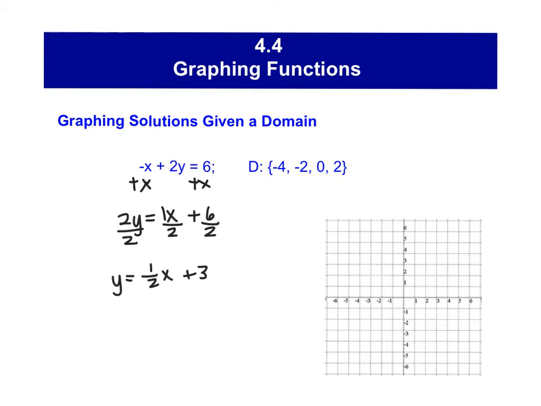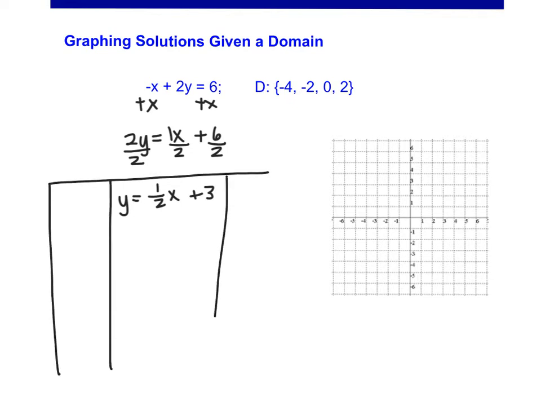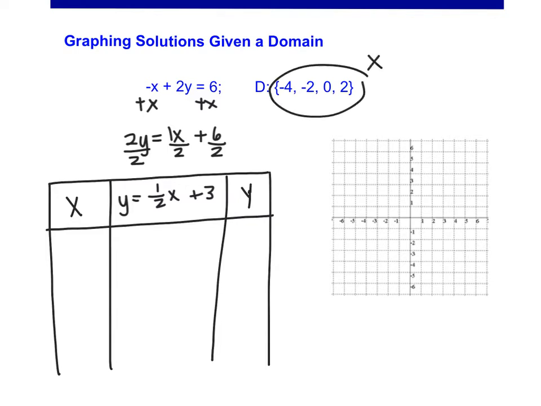All right, so to organize our work, we are going to create a nice little table. I'm actually just going to go ahead and draw it around the equation we already have. I'm going to put this in the middle. Okay, so our domain, these are the x values that we're going to plug in.